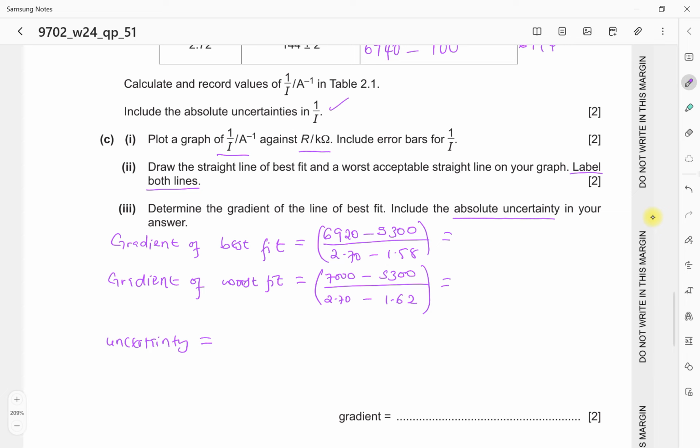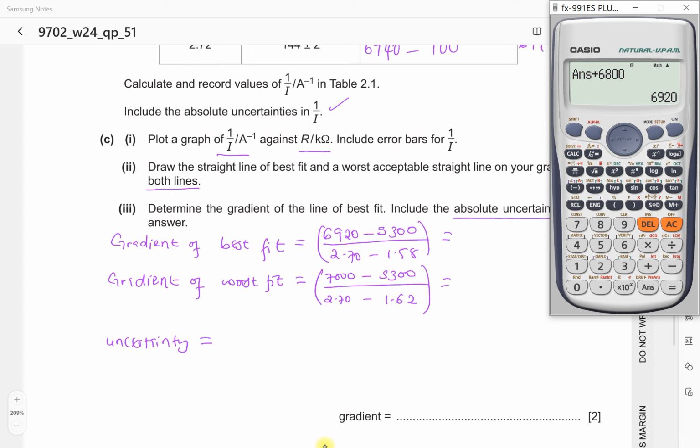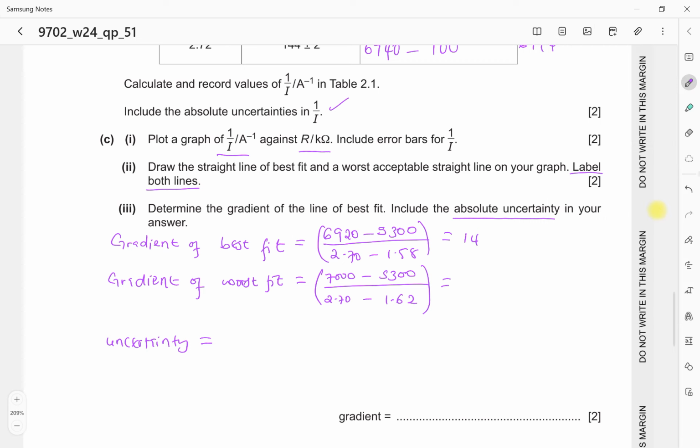So when I press my calculator for the first one, we have 6,920 minus 5,300 divided by 2.7 minus 1.58. So that is 1446.